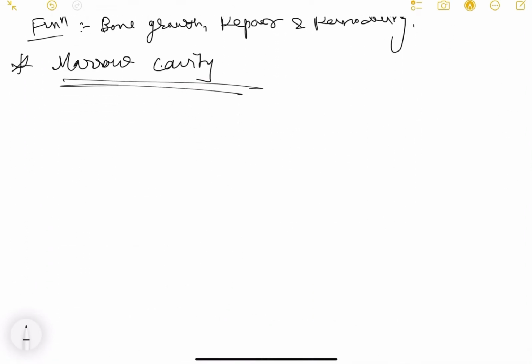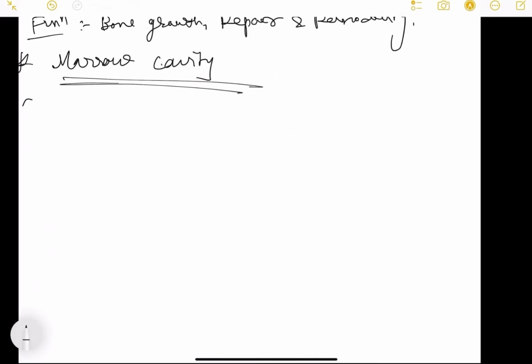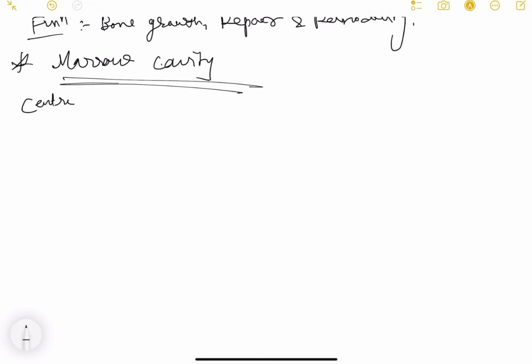Now this marrow cavity is also known as medullary cavity. It is present in the center of the shaft, and it contains both red and yellow marrow.